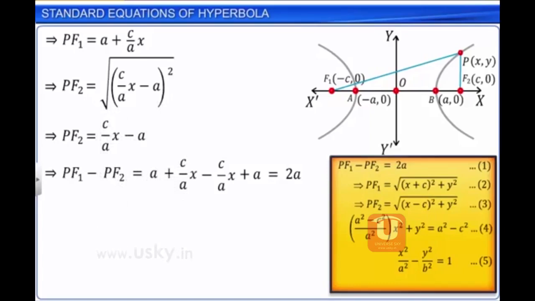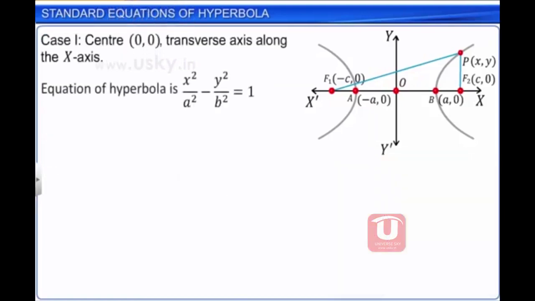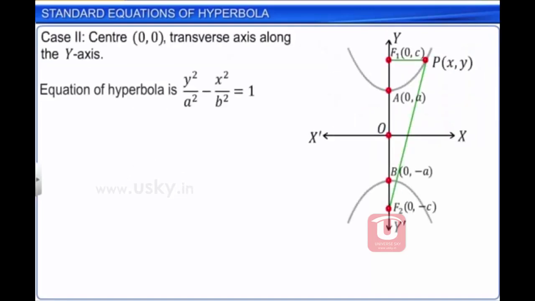The equation x square upon a square minus y square upon b square is equal to 1 is the standard equation for a hyperbola with its center at the origin and the transverse axis lying along the x-axis. Similarly, we can derive the standard equation for a hyperbola with its center at the origin and the transverse axis along the y-axis.